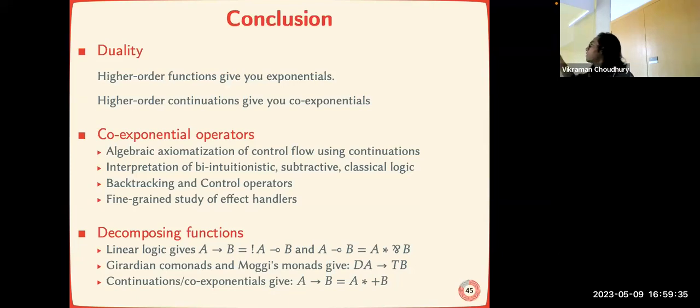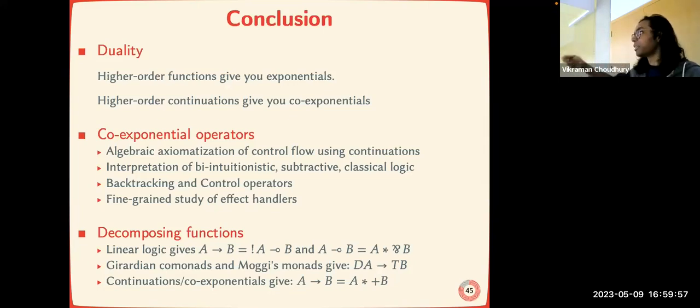If you use continuations, you do get this decomposition A star plus B. And then there's the other way of decomposing, which is also interesting, which is D of A to T of B, where D is a Girardian comonad and T is a Moggi monad. So I see it like in the spectrum of linearity, monads, comonads, and exponentials, co-exponentials. So, yeah.